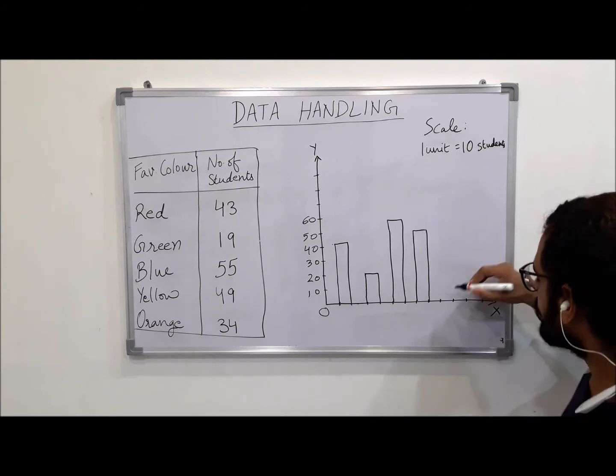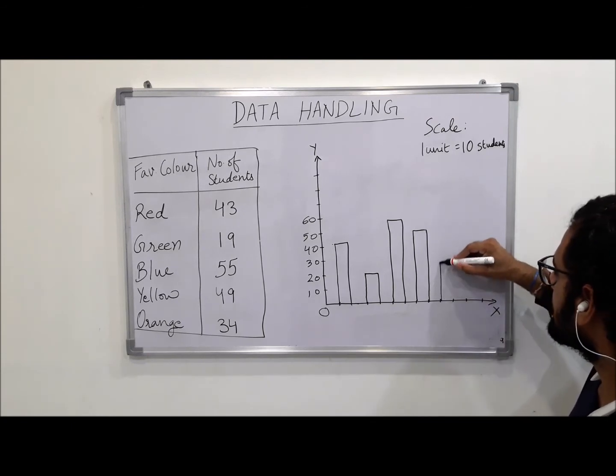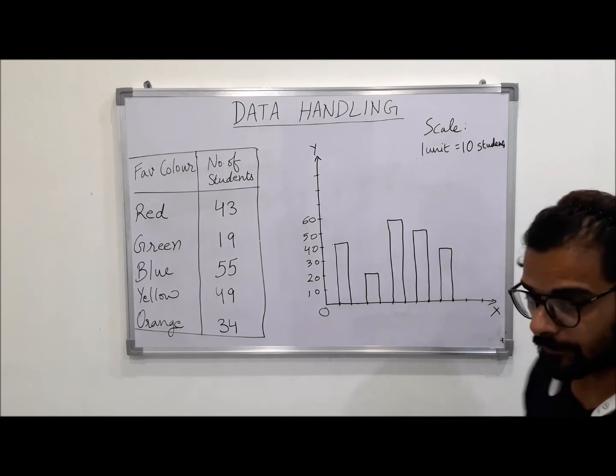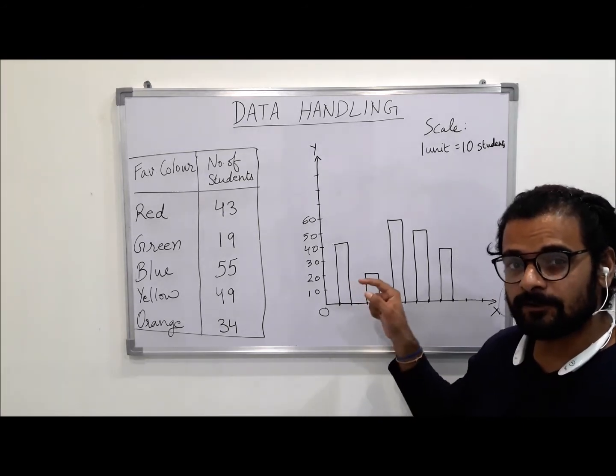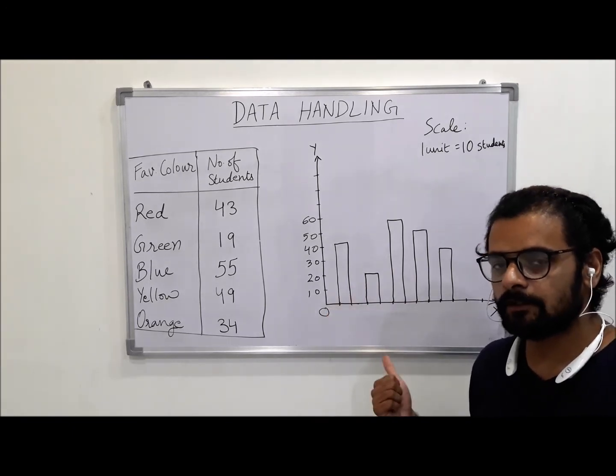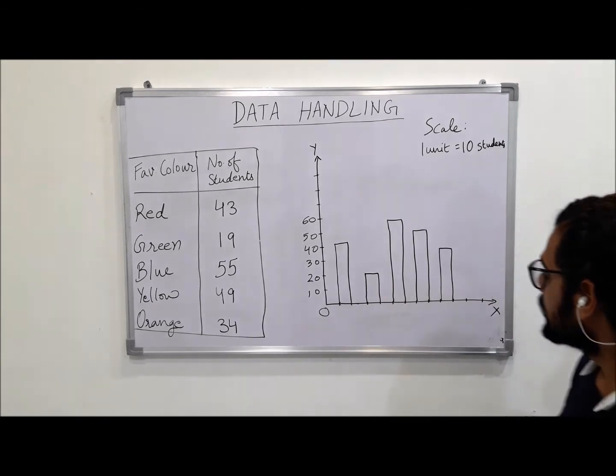And 34 is 4 more than 30. On the graph paper, you can clearly see these small divisions, so it will not be difficult for you to draw such a graph.